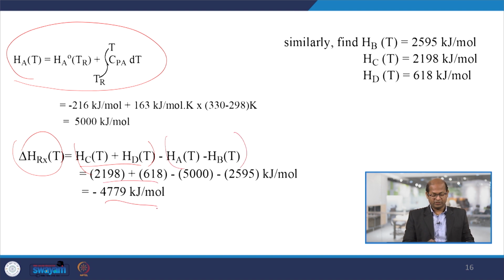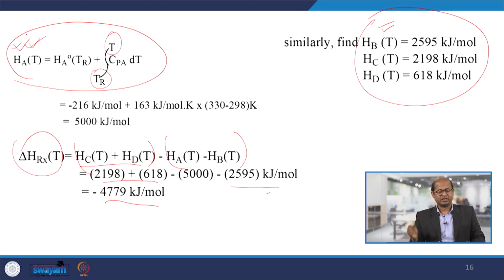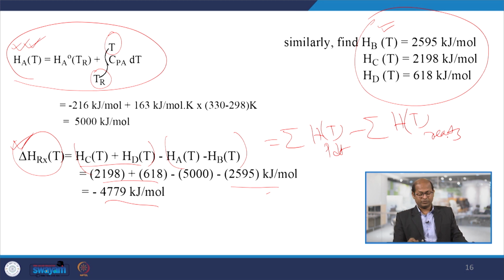This way also, the heat of reaction at any temperature can be found.